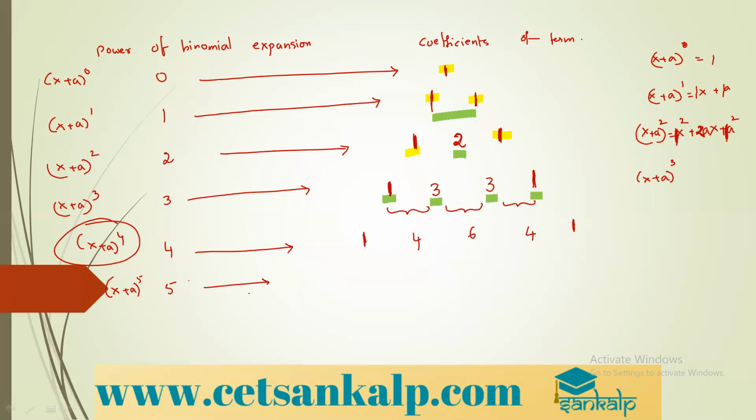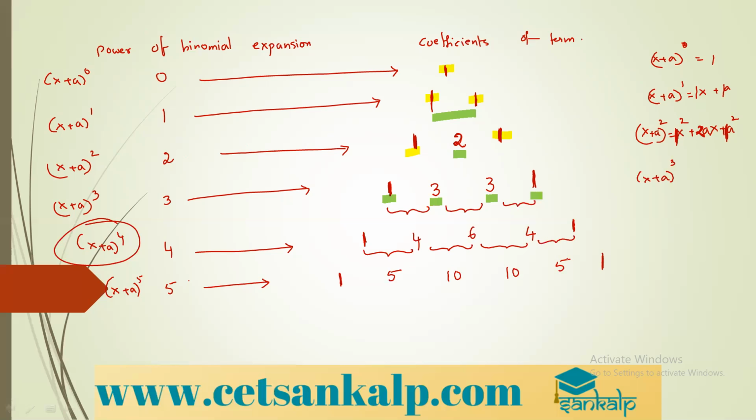Similarly, in the expansion of x plus a whole power 5, the first coefficient will be 1, the last coefficient will be 1. 1 plus 4 is 5, 4 plus 6 is 10, 6 plus 4 is 10, 4 plus 1 is 5.